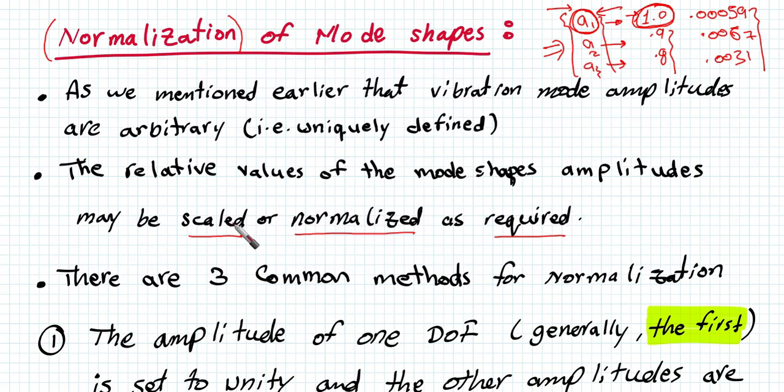As we said, it is based on our preference. We cannot say there is one particular method that must be used. Rather, there are different methods and you may choose from them.